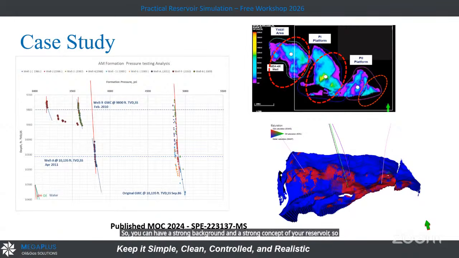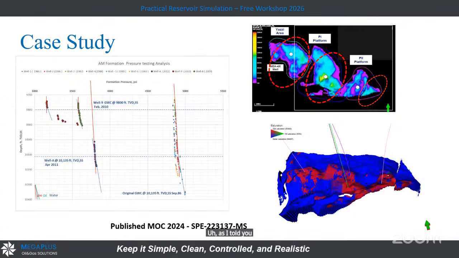The concept is structural; the concept is how the deposition happened. So you can distribute the petrophysical parameters from the wells that you interpreted, right? My advice is to understand very, very well your concept of geology, and in modeling, choose the right distribution method.